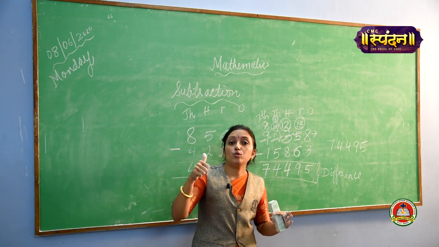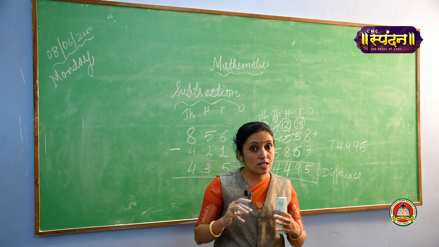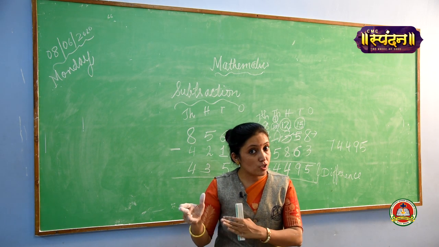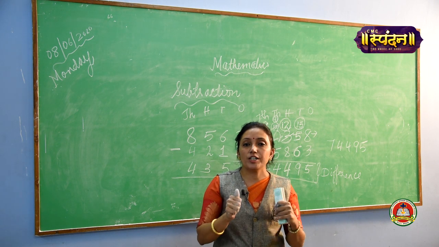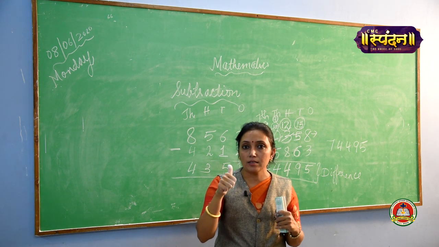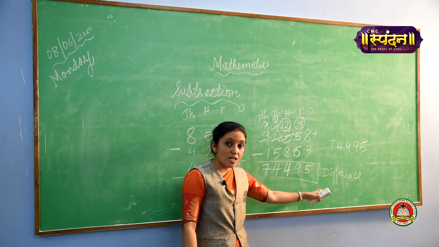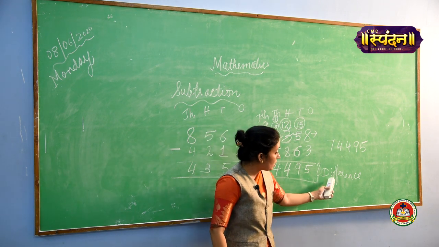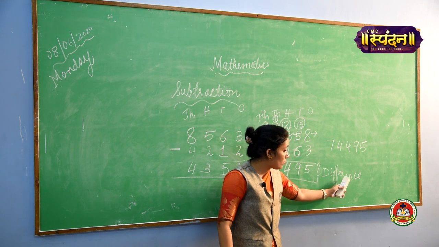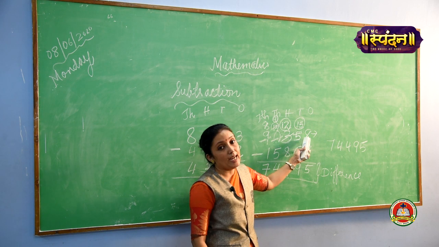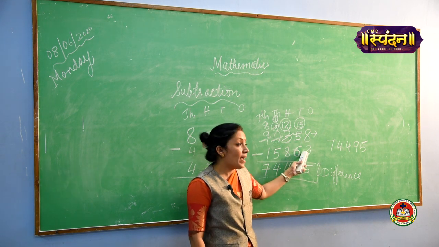And one thing we didn't do in addition: the answer of addition is called the sum. What is the answer of addition called? Sum. Please remember, the answer of addition is sum, and the answer of subtraction is difference, D-I-F-F-E-R-E-N-C-E.